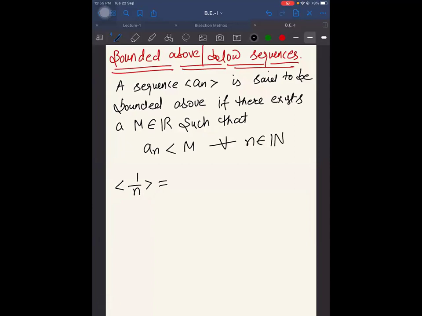Okay, so see 1 by 2, 1 by 3, 1 by 4, 1 by 5, and so on. So is this a bounded sequence? Is it a bounded above sequence? क्या इस सीक्वेंस की सारी टर्म्स किसी एक स्पेशल नंबर से छोटी हैं?